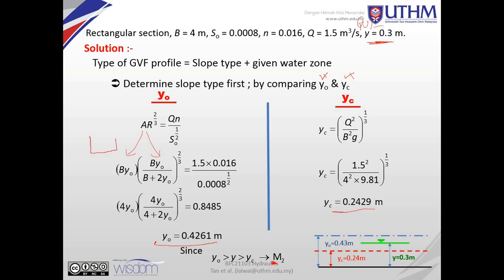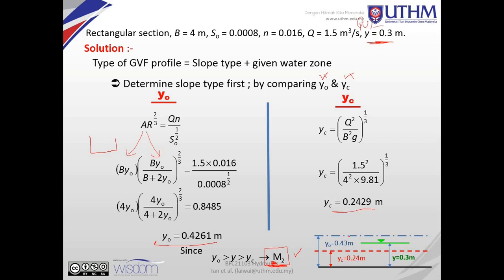So we found that 0.3 is actually above one of these parameters, which means the region is located at the second region. So when we combine together, we complete the profile type name as the M2 profile.